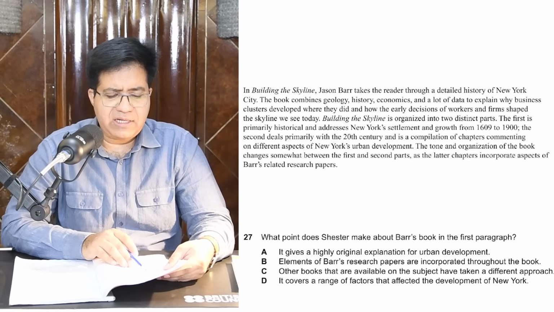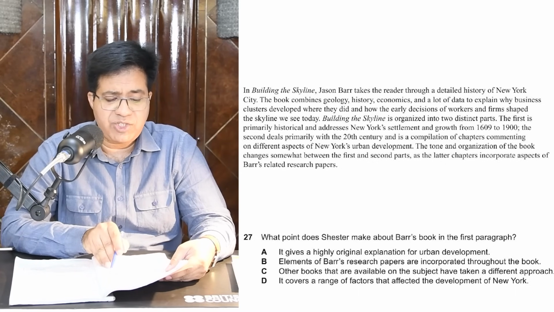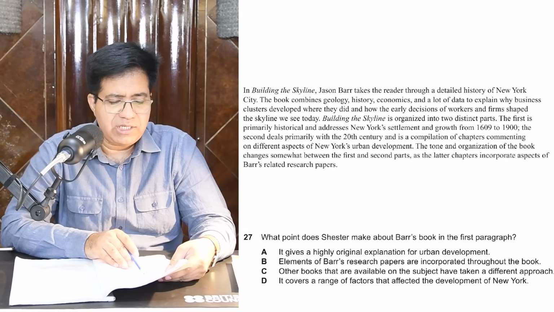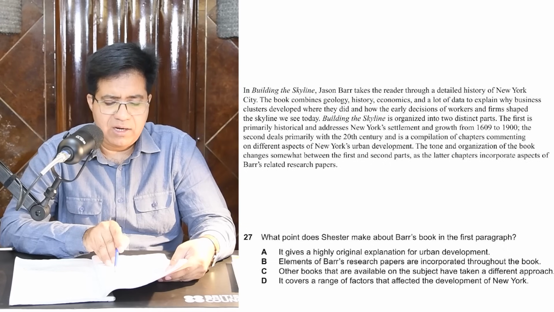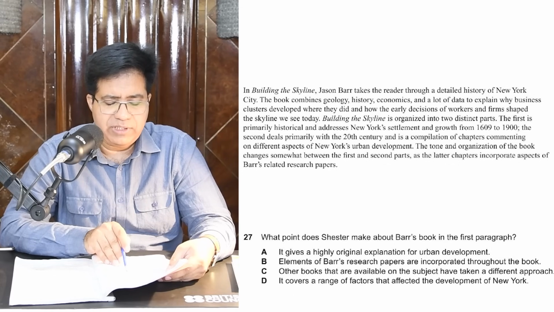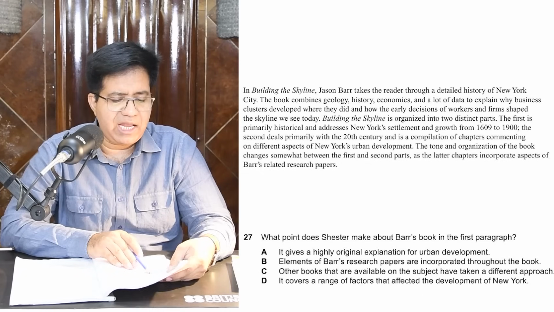In building the Skyline, Jason Barr takes the reader through a detailed history, underline that, detailed history of New York City. The book combines what? Geology, history, economics, and a lot of data to explain why business clusters developed where they did, and how the early decisions of workers and firms shaped the skyline we see today.